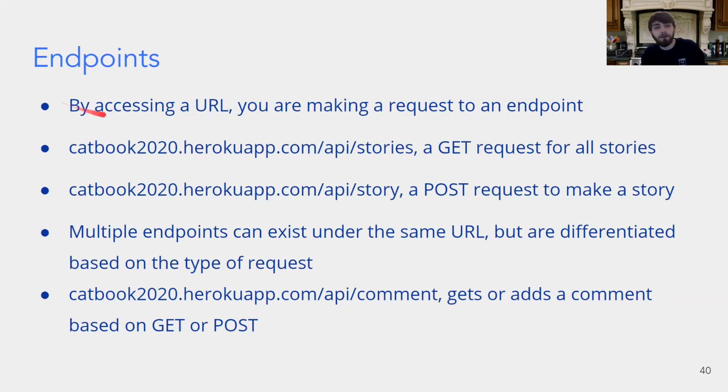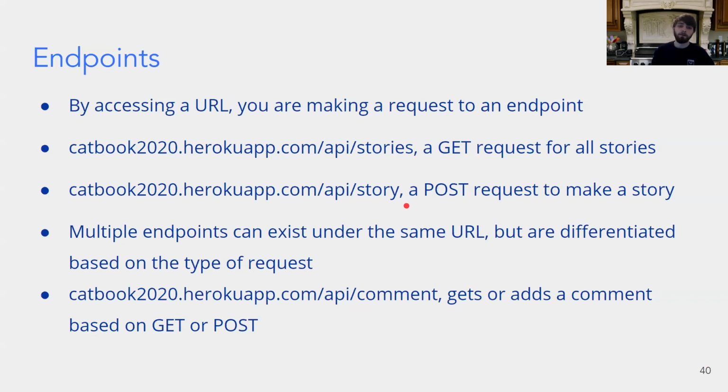When you go to a URL, you are making a request to an endpoint. So the endpoints that we'll implement later, one of them will be this /API/stories, which will accept GET requests. Then we'll have another one /story that accepts POST requests.